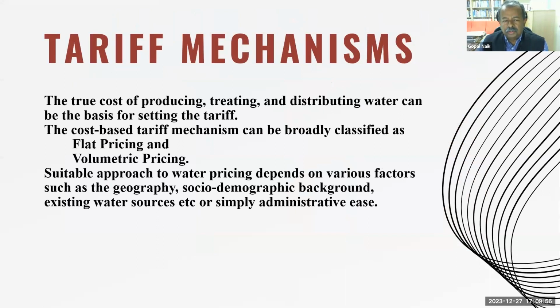And which one of these you would use will depend on various factors such as geography, socio-demographic background, existing water resources, or it could be simply administrative ease. Sometimes capability becomes an important factor in determining what the tariff mechanism should be.